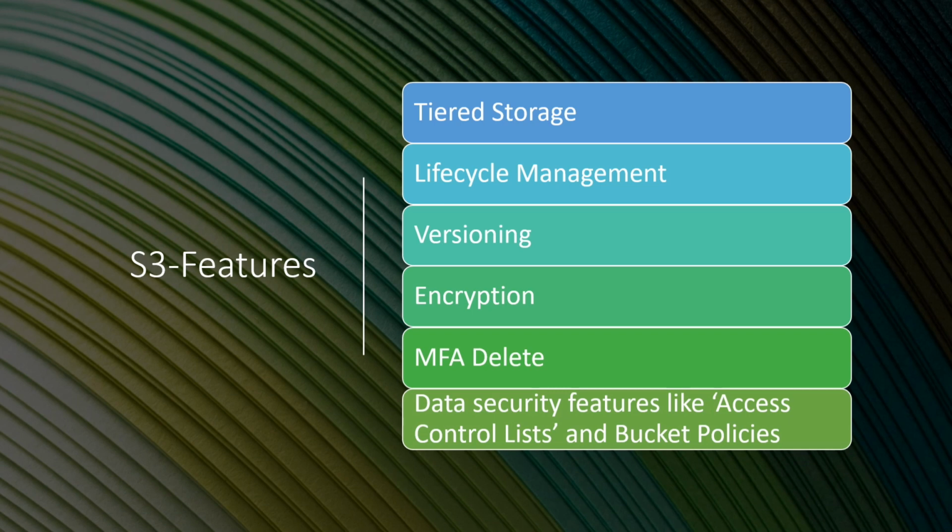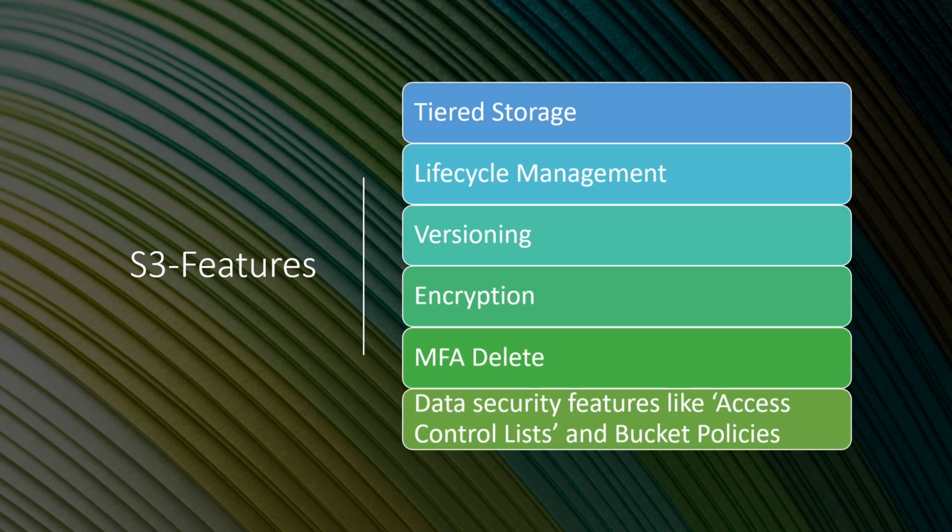Versioning basically means we have multiple copies of the same file. Encryption stands for data at rest, so we can encrypt the data which is there in the S3 bucket. Another is MFA Delete, which stands for multi-factor authentication. We can enable that option, and it will ensure data is not deleted.